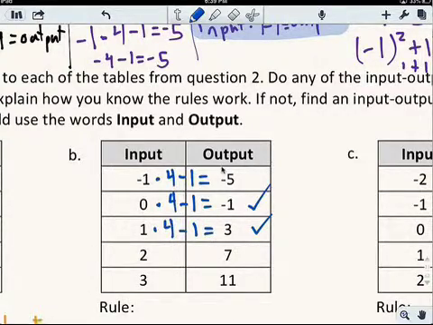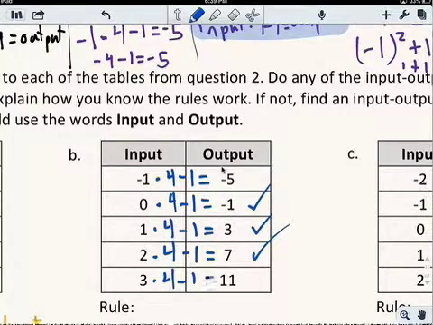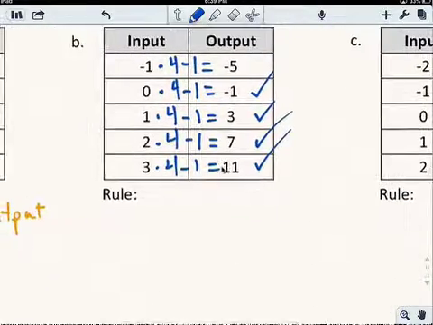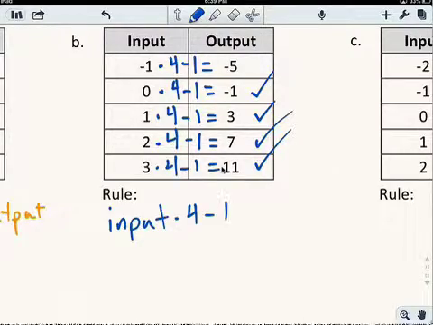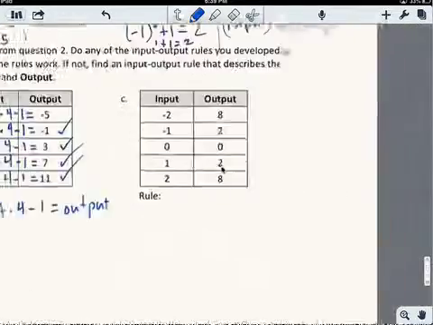We're looking good here. 2 times 4 is 8. Minus 1 gives you 7. And 3 times 4 minus 1 equals 11. All right, so we found the rule here. It's input times 4 minus 1 equals output.